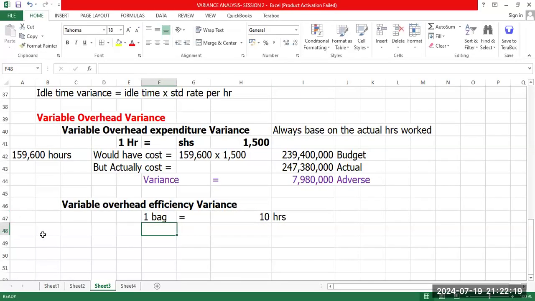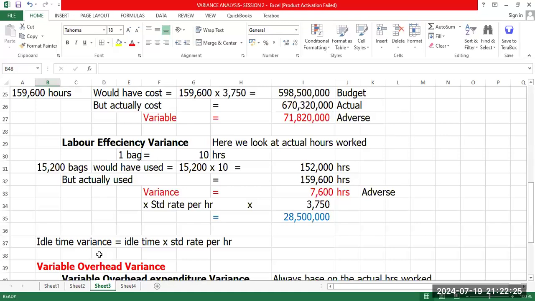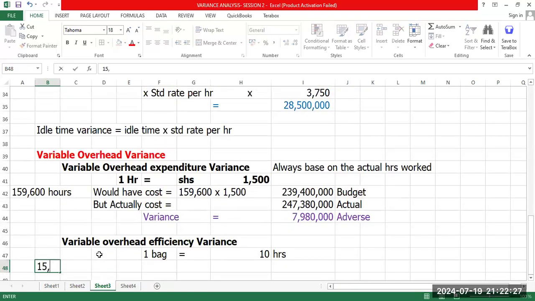Okay, then the next step, ask yourself how many bags were actually produced. We said it is 15,200 bags.